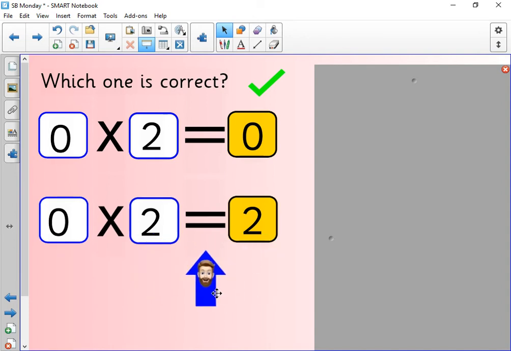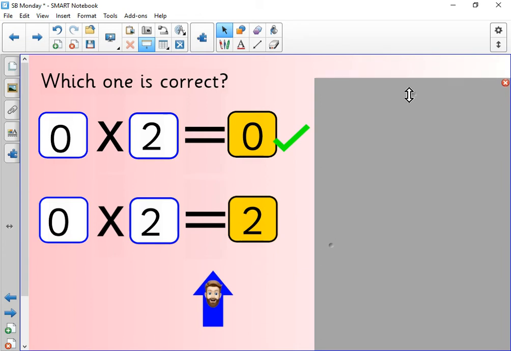But only one of them is correct. So 0 groups of 2 equals 0, or 0 groups of 2 equals 2. Which one is right? Well, it's the first one.